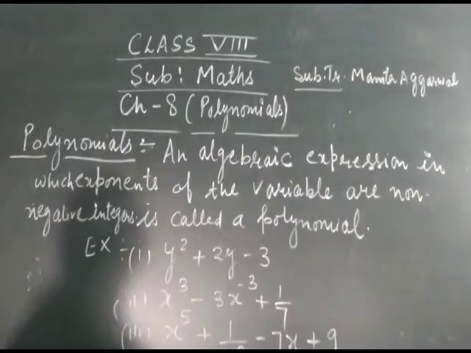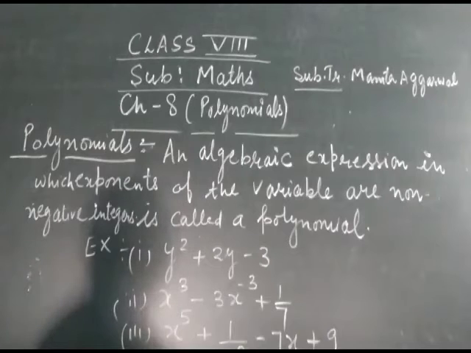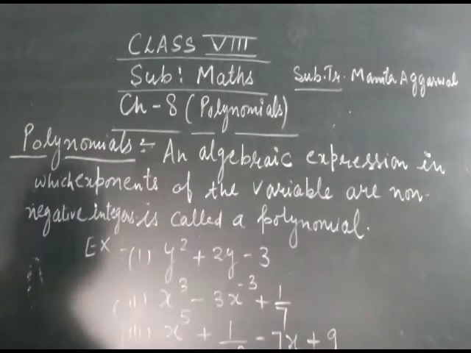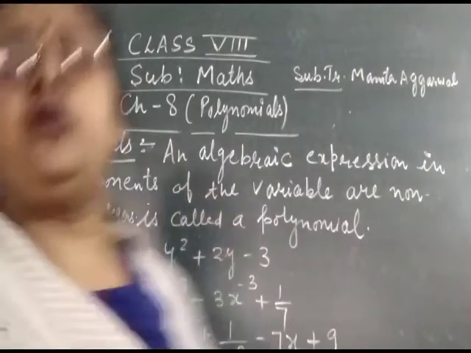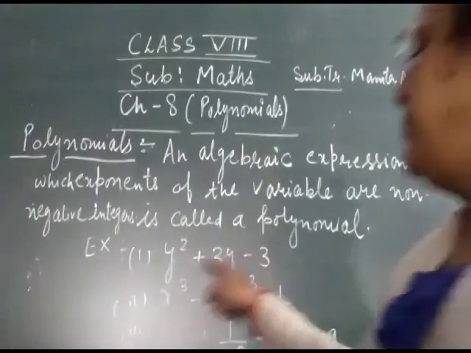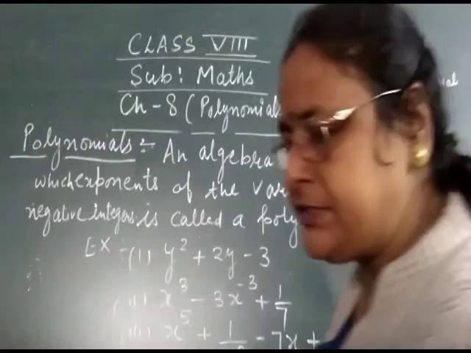Hello students, welcome you all to math class with a new chapter, chapter 8, polynomials. In polynomials, first of all, I am discussing what polynomials are. See here, all of you have learned about algebraic expressions of these types.